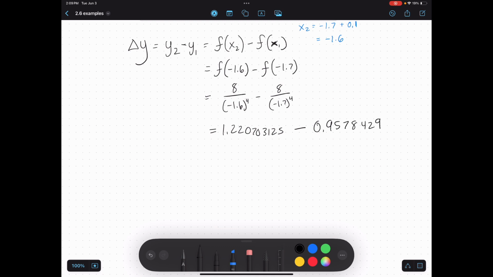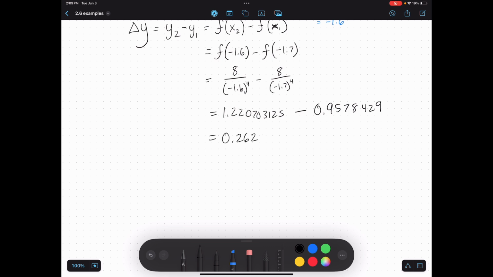When I subtract those two things, I get 0.26286018729. But at this point, all my computation is done, and so now I can go ahead and round to 4 decimal places, so I get 0.2629. So that's my actual change in y as I let x change by 0.1.